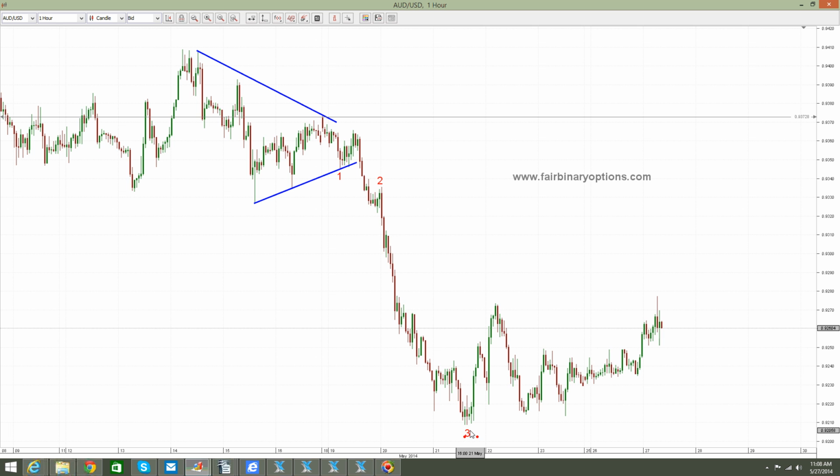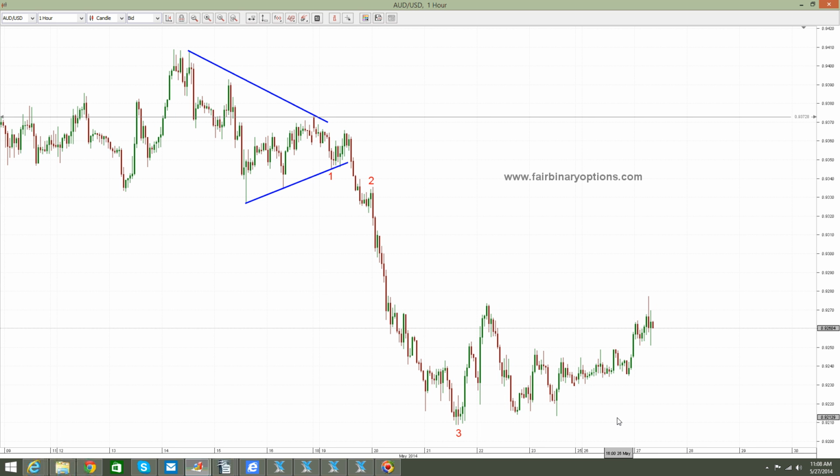Then we need the fourth wave, of course. For the fourth wave, I would say we have A, B, C, D, E in the form of a contracting triangle as well, or just a classical A, B and C in the form of a flat, most likely. So this to be the A, B, C for the fourth wave.